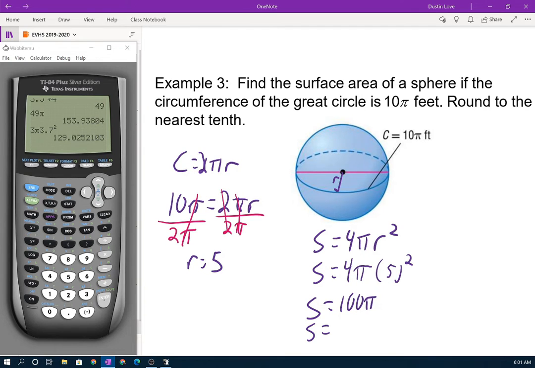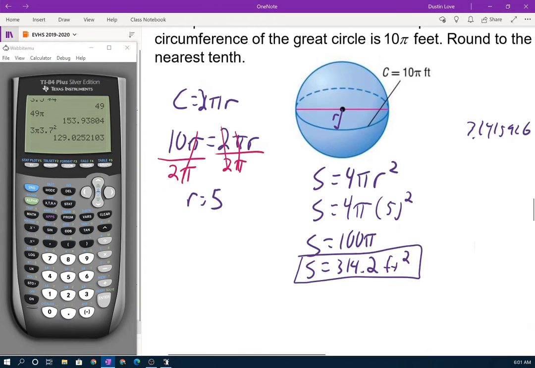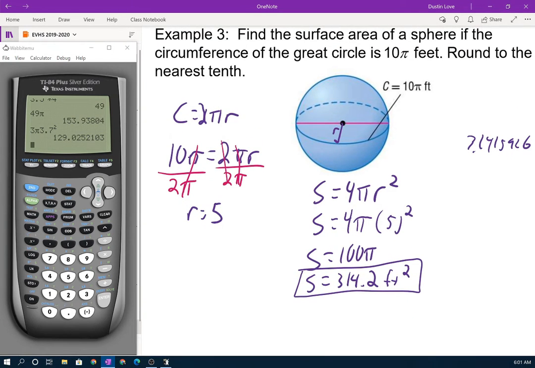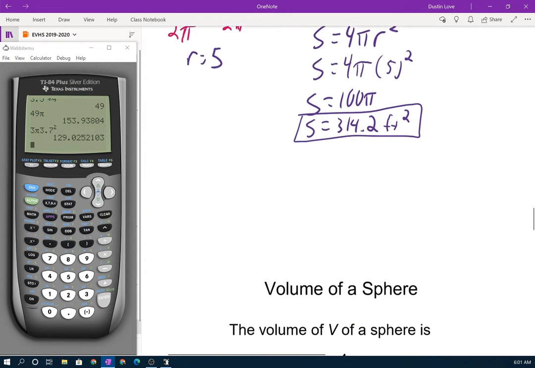To the nearest tenth, 3.1415926 is pi, so that's 314.15, which rounds up to 314.2 feet squared. So the important thing there was use circumference to find radius and then radius to find surface area.